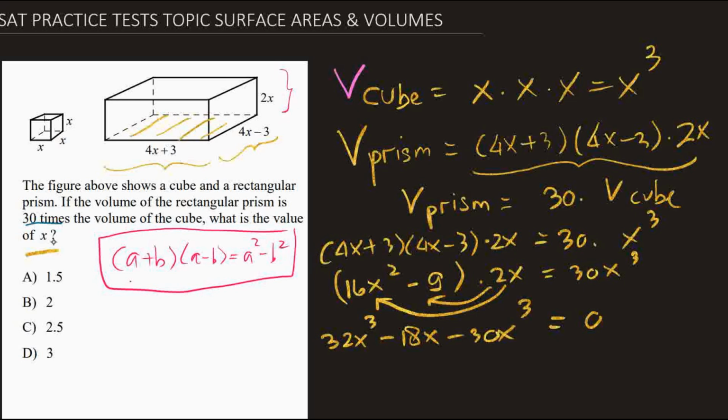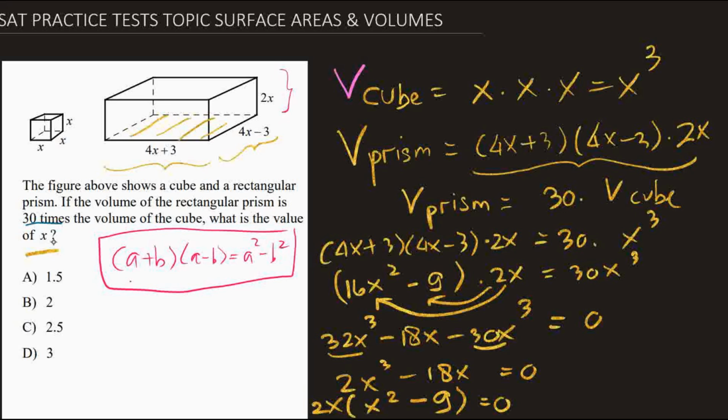So it will be 32 minus 30 x cubed is 2x cubed minus 18x equals 0. Since both have the common factor of 2 and x, we can take out the 2x. Then we can put the bracket. This will be x squared, because 2x cubed divided by 2x is x squared, and negative 18x divided by 2x is minus 9, equals 0.